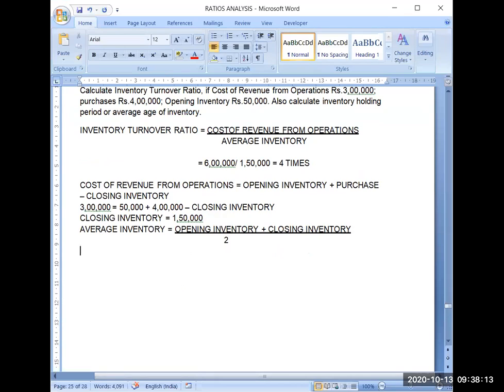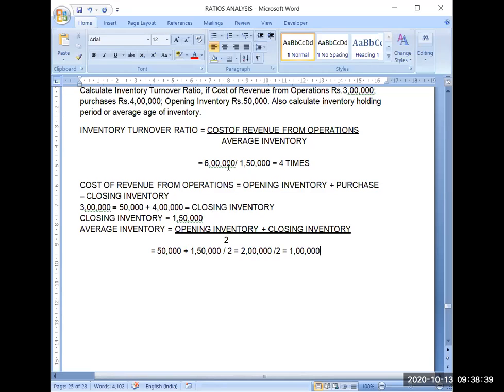Average inventory will be 50,000 plus 1,50,000 divided by 2. That's why this value will be 2 lakh divided by 2, and average inventory will come 1 lakh.